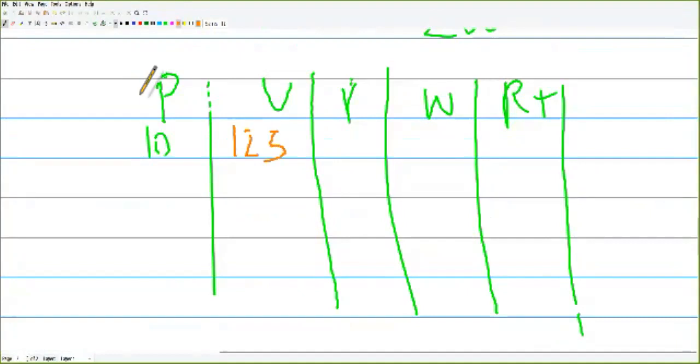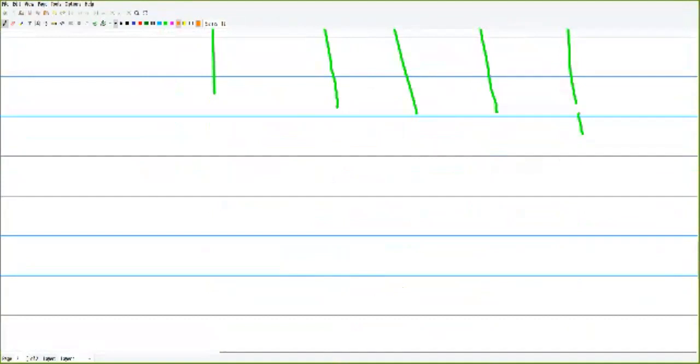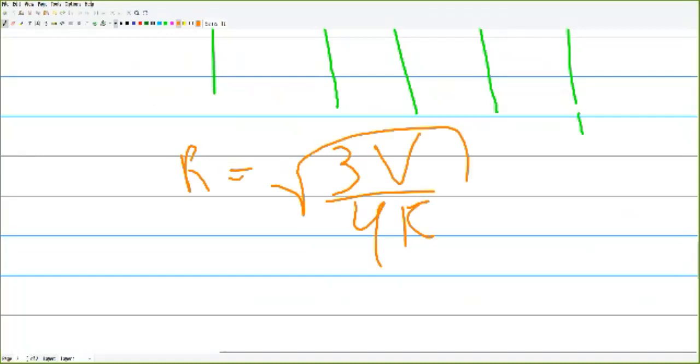Our R is equal to the cubic root of 3 times the volume over 4 times pi. Boy, it's complicated. So if we do our calculations, it's 3 times 125, which gives us 375.